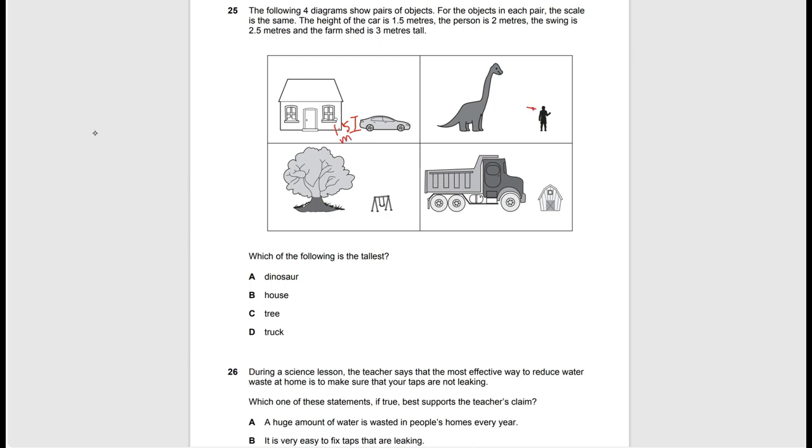The person is 2 meters. The swing is 2.5 meters. And the farm shed is 3 meters tall. Okay, which one of the following is the tallest?